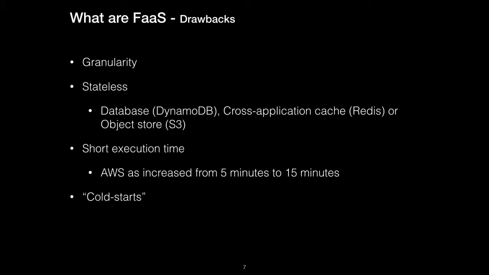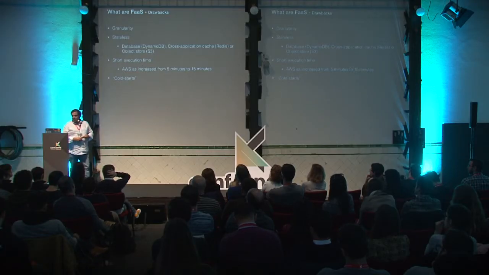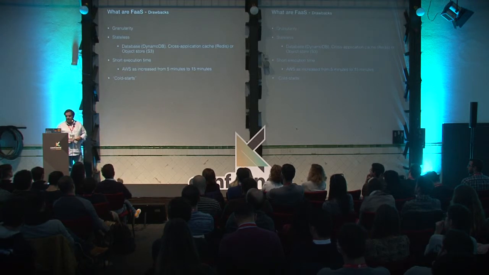Some drawbacks that I would like to introduce. So, granularity. Usually, we developers tend to go very granular in our code, but this doesn't mean that a function to check if a number is odd or even should be a lambda. Don't go that way. It will be hell to manage all your functions.